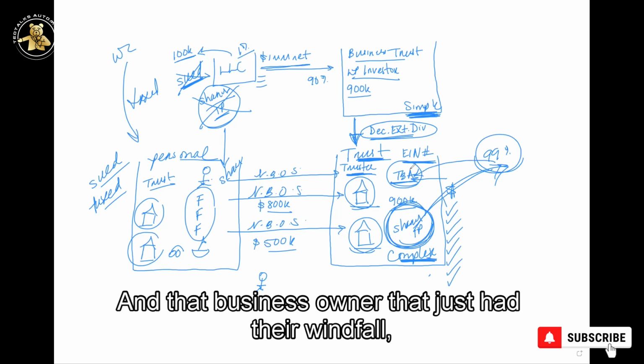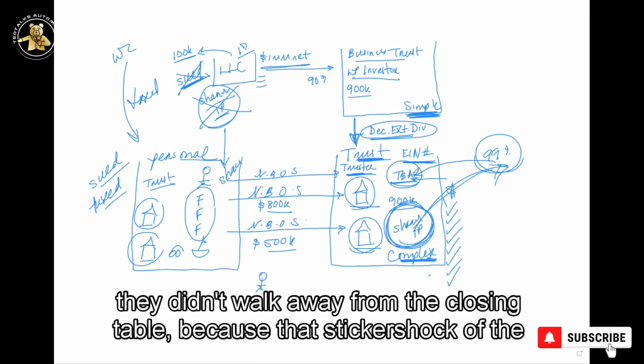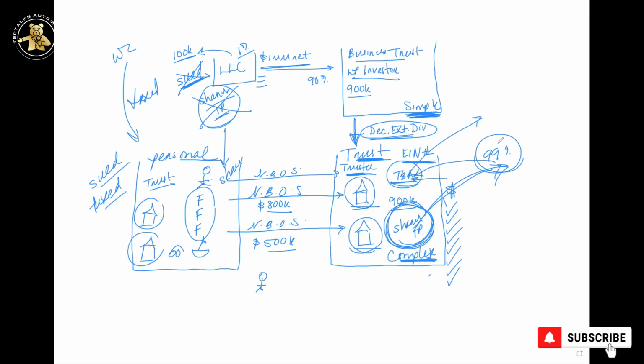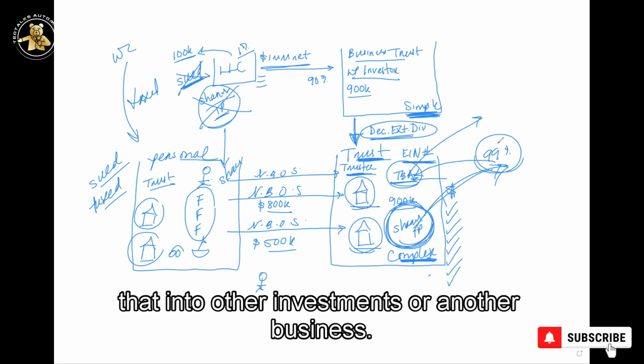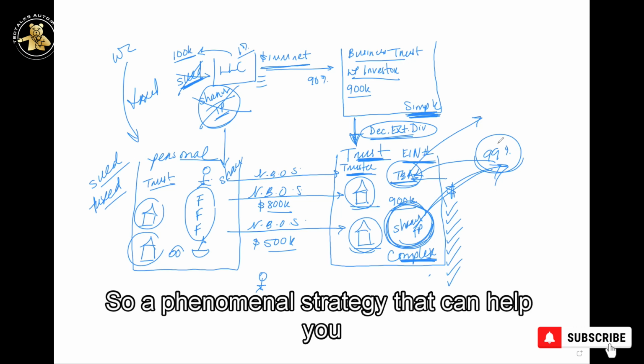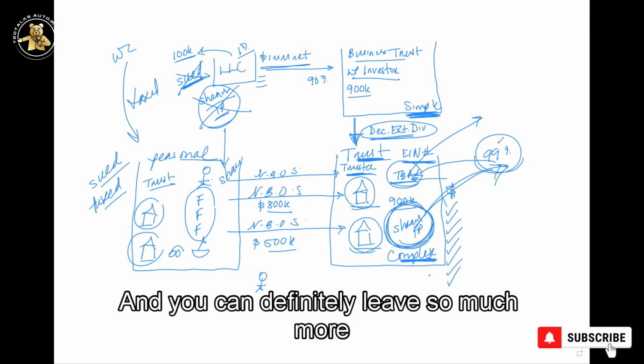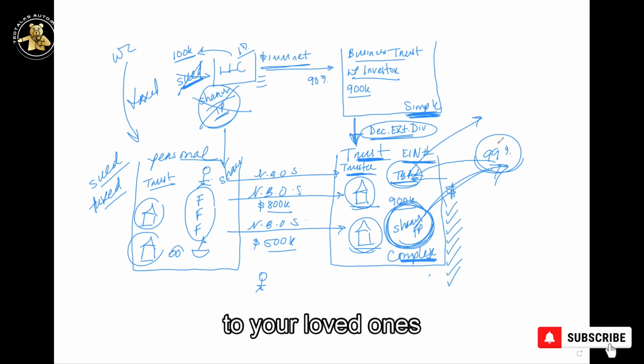And that business owner that just had their windfall, they didn't walk away from the closing table because the sticker shock of the taxes was so high. They were able to hold on to that and then deploy that into other investments or another business. So a phenomenal strategy that can help you today. It can grow with you for the future. And you can definitely leave so much more to your loved ones and teach them: own nothing, control everything.